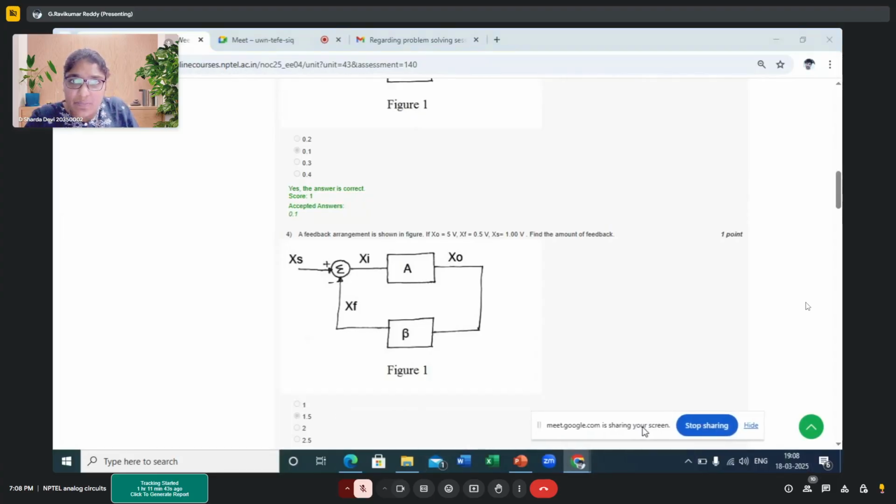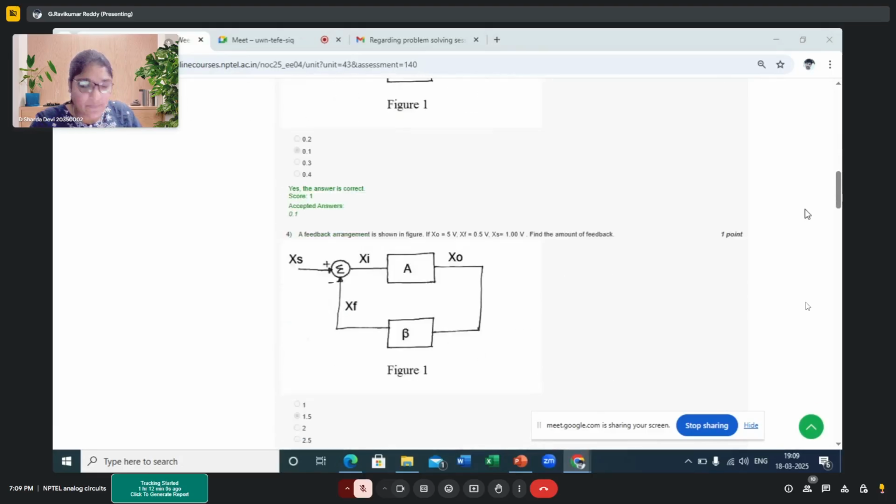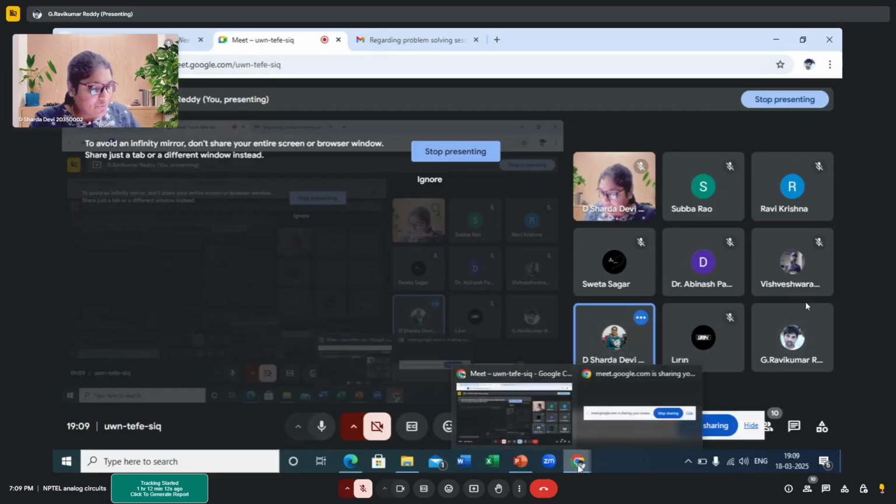Yes, xf is 0.5 volts, x naught is 5. Beta, this is x naught, this is being fed back, here it is xf, this is going to the summation, this is a negative feedback. Okay, this is coming as positive, and xi, right? So what is the question?